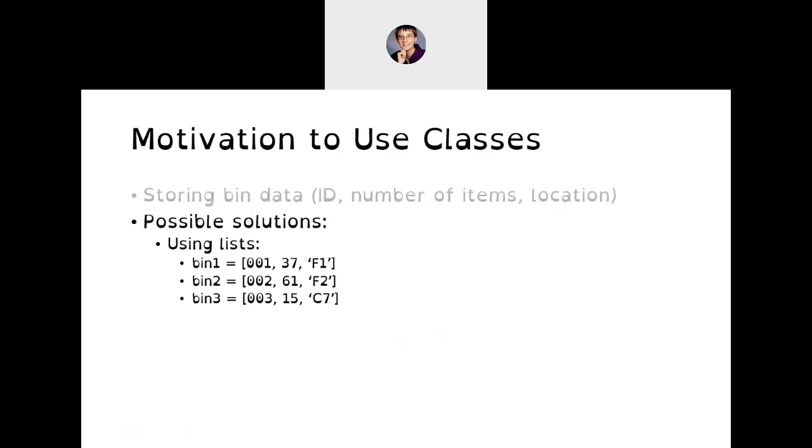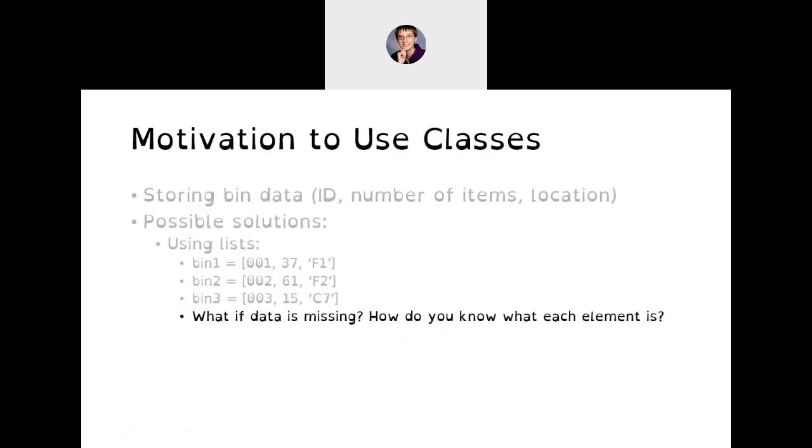Now the question is, what happens if, say for bin 2, I didn't have an item listed? Or what if, 3 days down the line, I want to access the number of items in bin 2, right? How do I know what that was? Was it element 1? Was it element 2? You'd have to go back and explore a little bit.